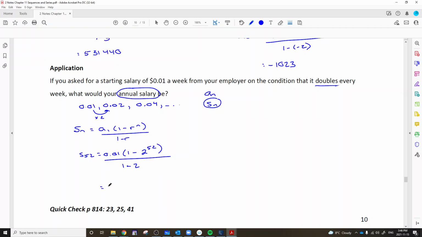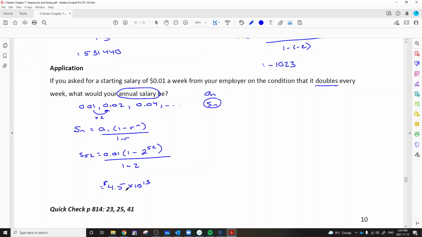All right, plug it into your calculator and be absolutely blown away. So 0.01 bracket 1 minus 2 to the 52 unbracket equals divided by -1. Ready for it? 4.5 times 10 to the 13.